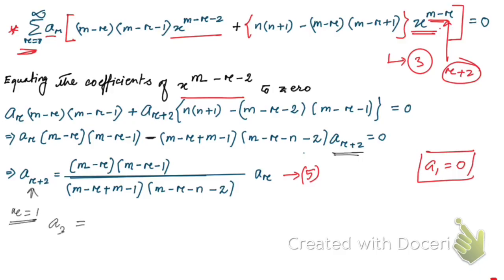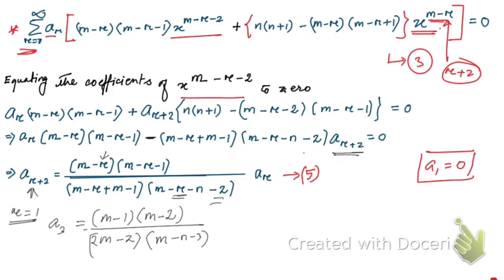Then here if you put r is equal to 1, then m minus 1 into m minus r, instead of r we are putting 1 here, minus 1, so it's gonna be minus 1 minus 1, minus 2, then divided by m minus 1 plus m minus 1, that's gonna be again twice m minus 2, twice m minus 2 into m minus n minus 3, that's what we're gonna have, and this will be a1.